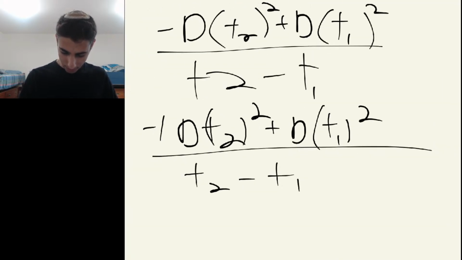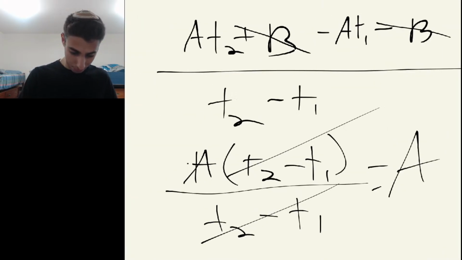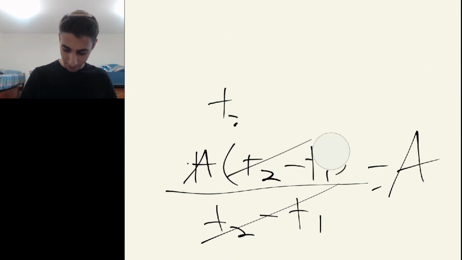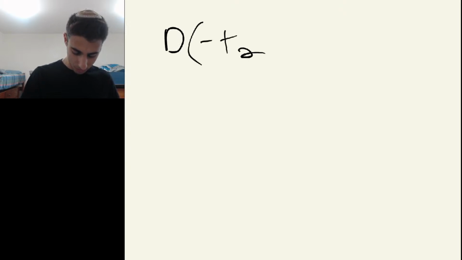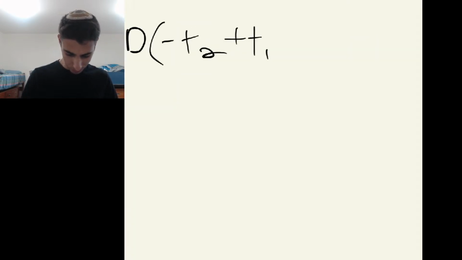We can further simplify that to be d times negative t sub 2 plus t sub 1, squared, over t sub 2 minus t sub 1. This is very weird. I feel like I'm doing this wrong.